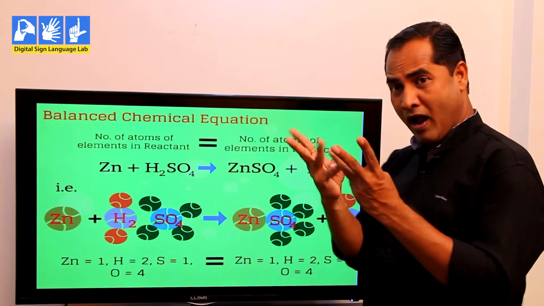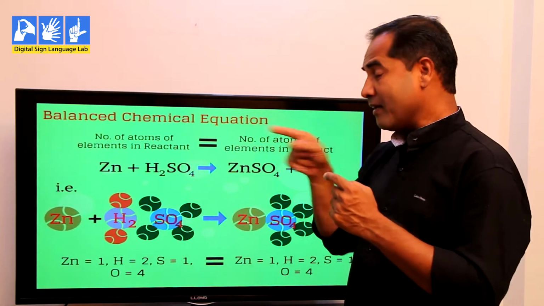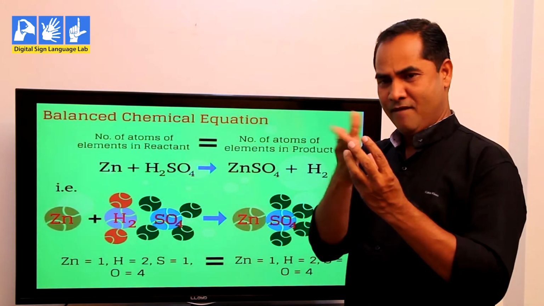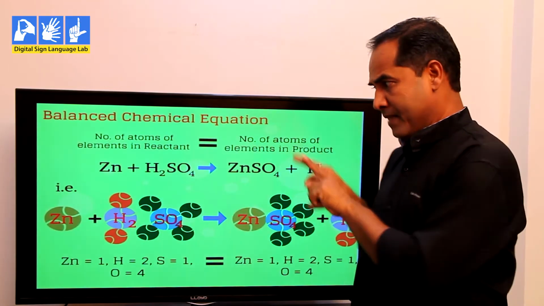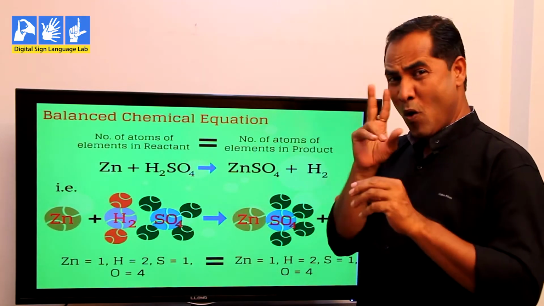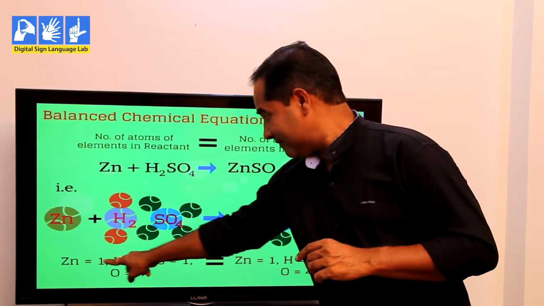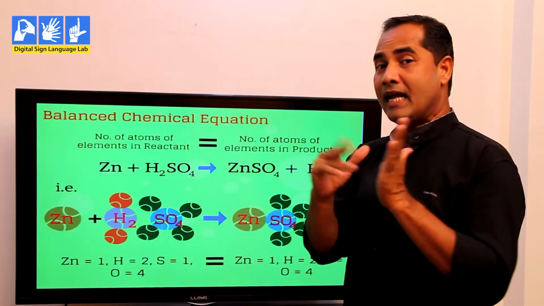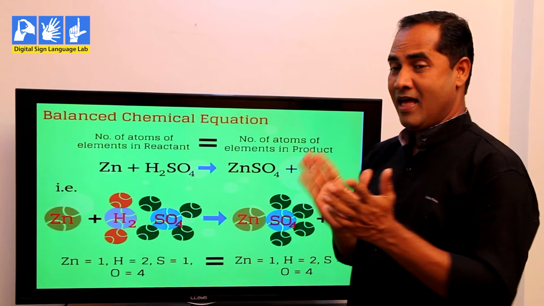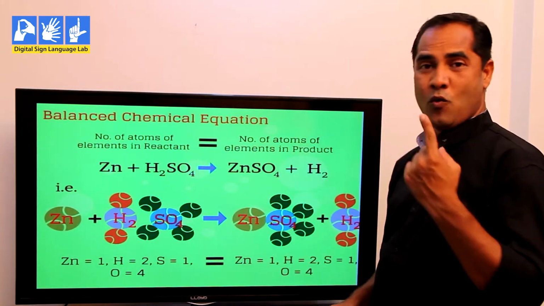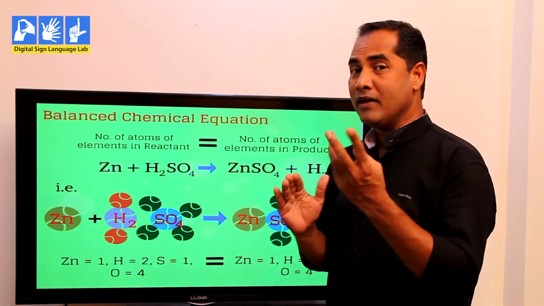You can see this picture which explains it. How many molecules on the left hand side and how many on the right hand side. If you want more clarity, you can look here. So how many zinc we had? One. It has to be one on the right hand side as well.